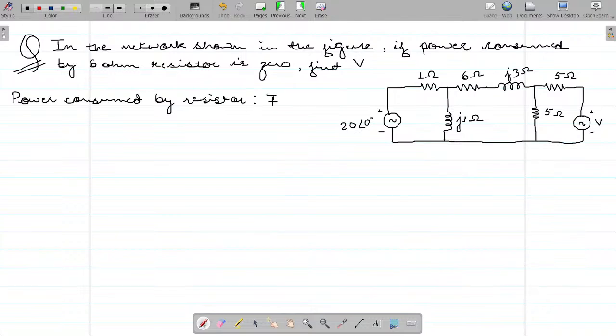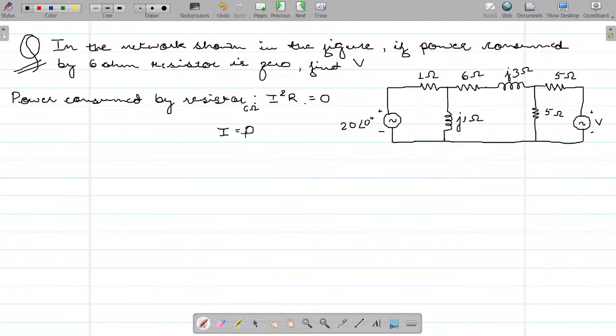Can I say it is I squared R? So it is given to you that I squared R, for 6 ohm, is equal to 0. So can I safely deduce from here that I in this case would be 0?